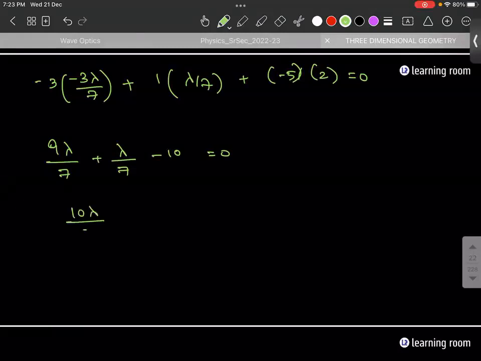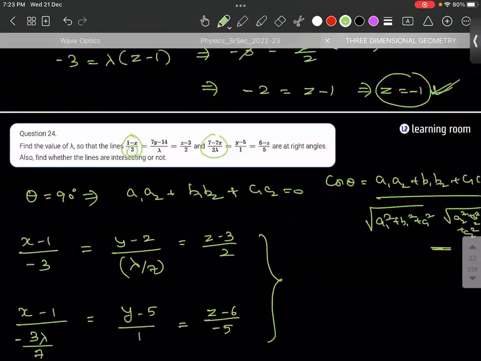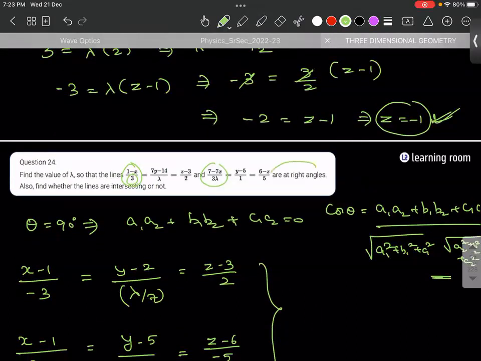So 10 lambda by 7 minus 10 is 0, which implies lambda should be equal to 7. Because 10 will get cancelled, you will get lambda minus 7 is equal to 0. So lambda is 7. Right. So that's what they asked in the first part: find the value of lambda.